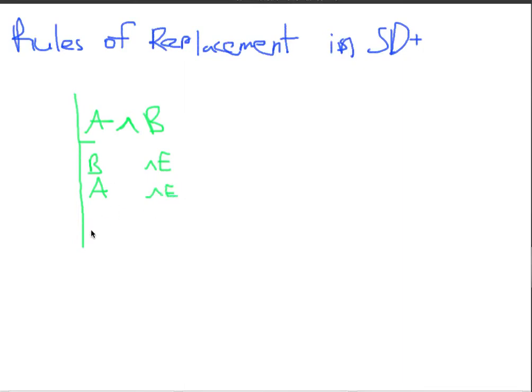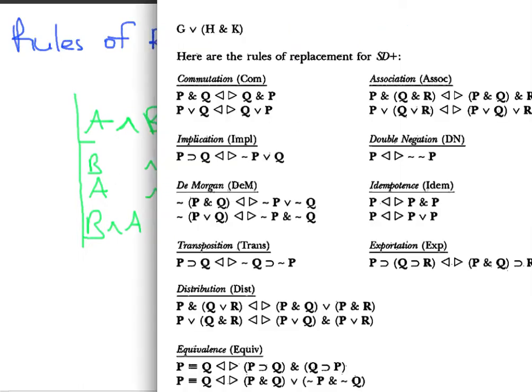Then we could reorder them how we like. We did B and A, and then we would just do conjunction introduction. I'm being lazy here by not filling in numbers, but by now you should see what numbers I have to put in. This is how you would have to do the inferences in our system.